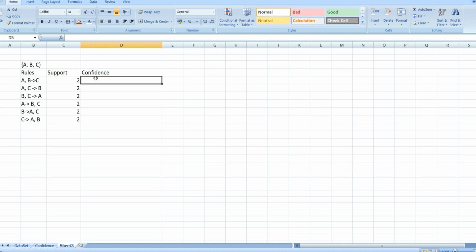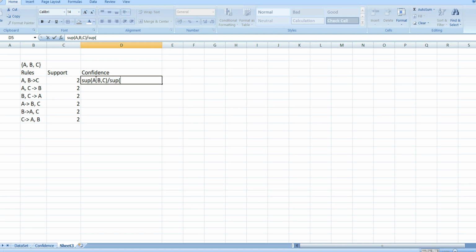To calculate the confidence, using the formula that we have already displayed, confidence can be calculated as the support, let's say support of A or the items B and C, divided by the support of the antecedent or the left.